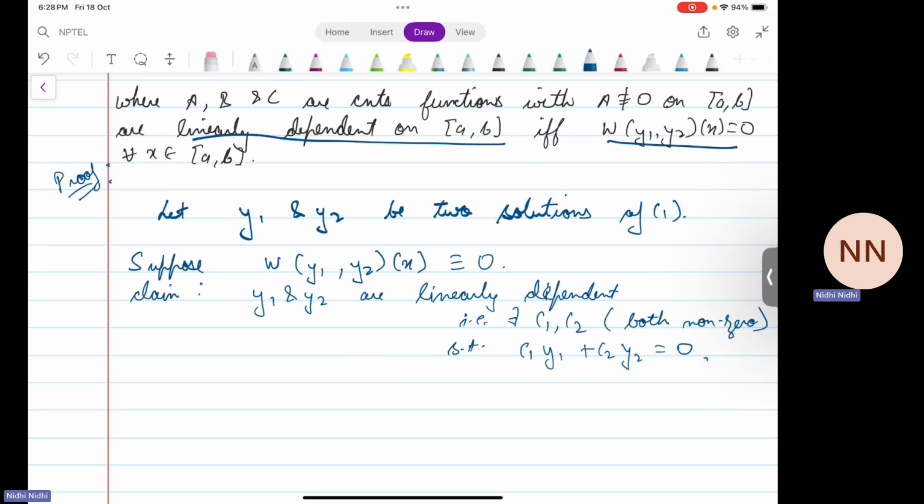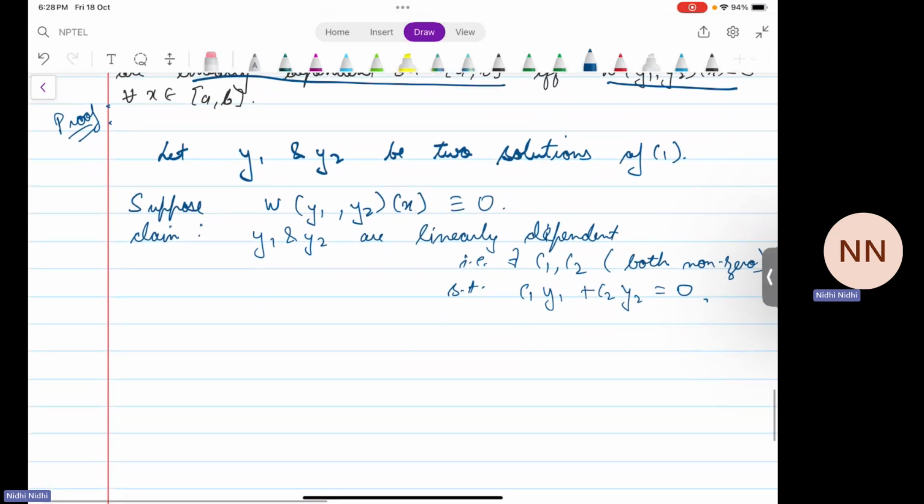So let x naught belonging to the closed interval AB be arbitrary.